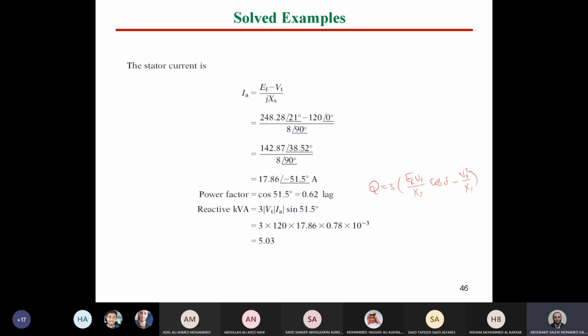This is the other relation to calculate the reactive power. If you calculate by the two ways, the values have to be similar.